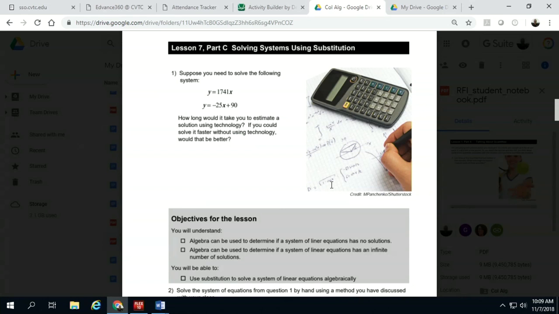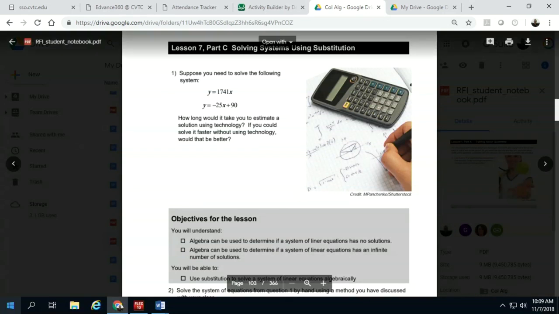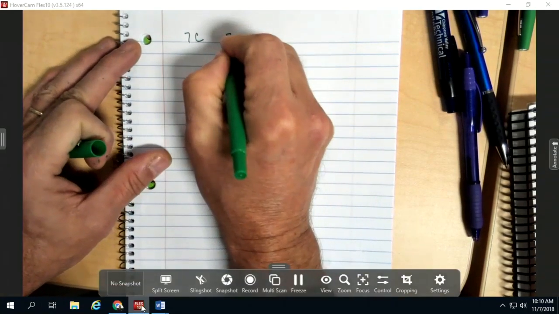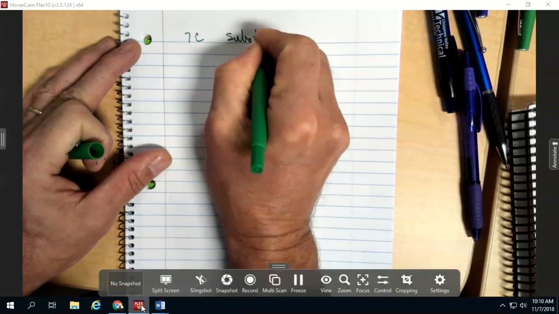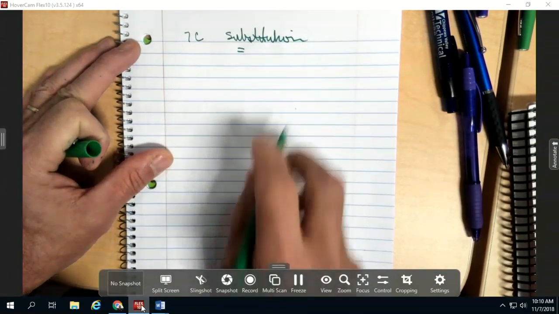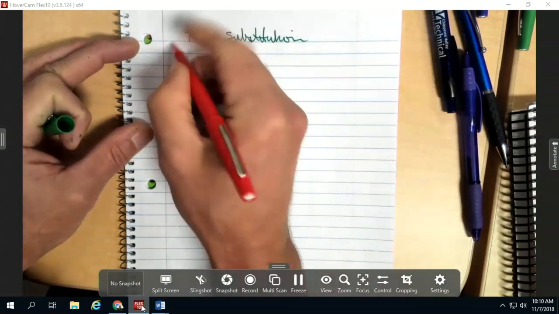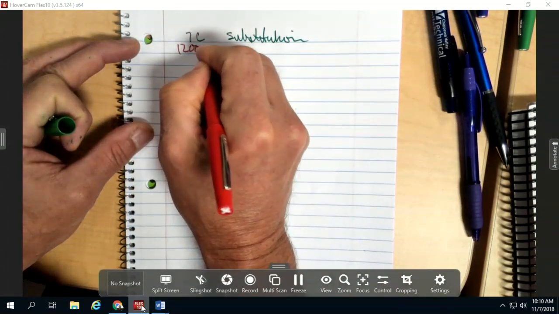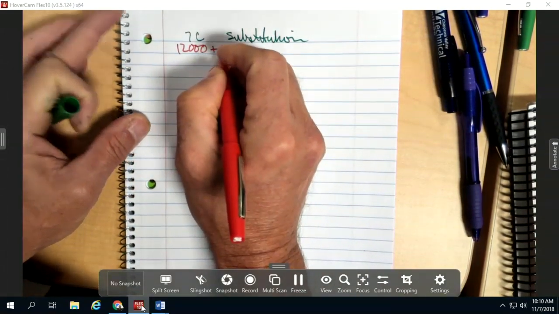But here's what we're going to learn today: the substitution method. 7C substitution. Now, one of the things that we had before is, if you recall, we had the $12,000 plus, were those phones $30 to make?